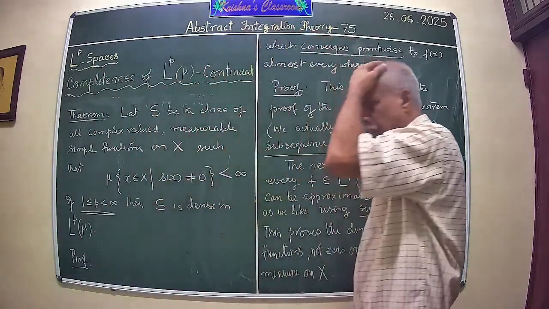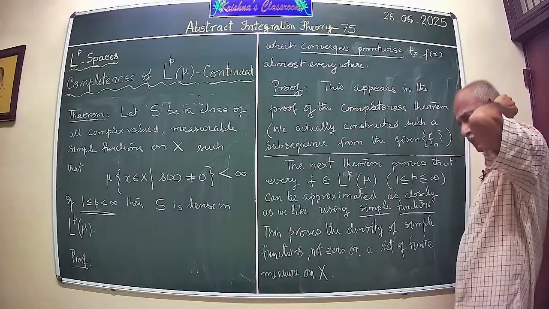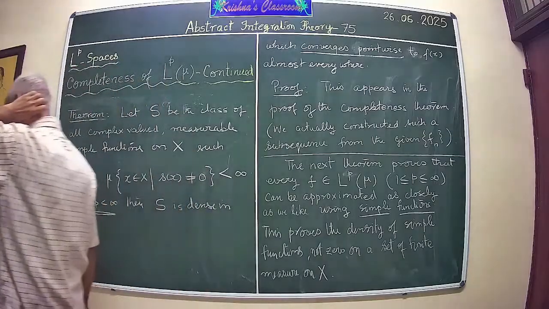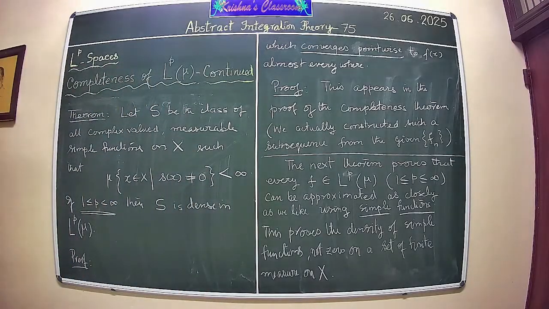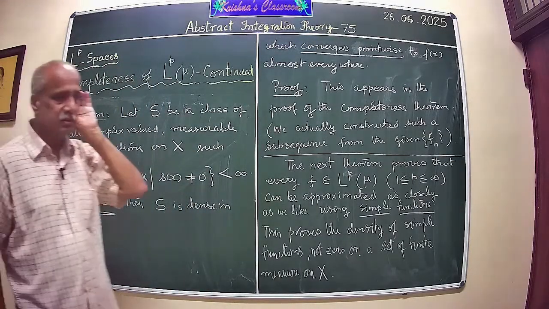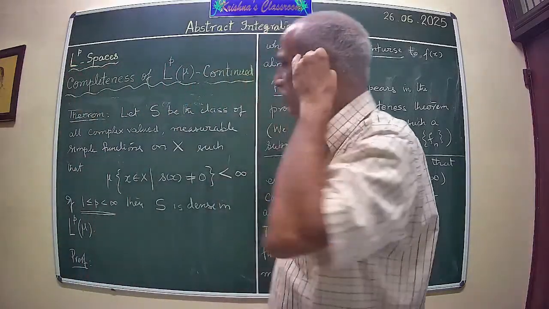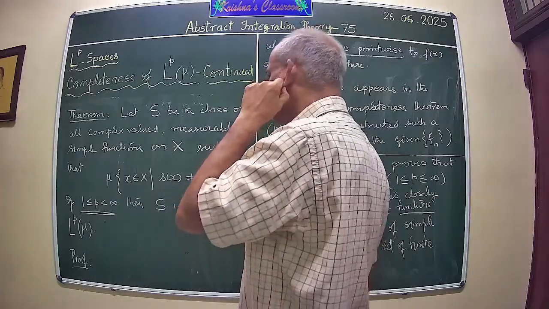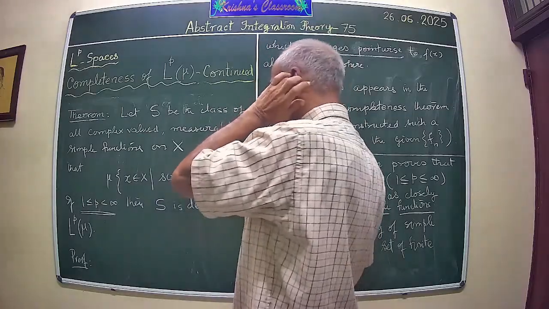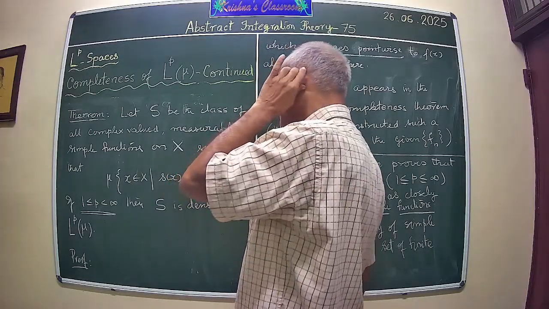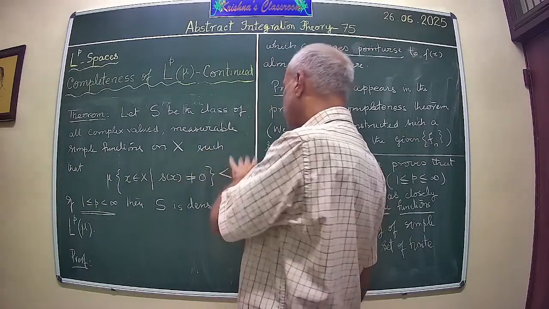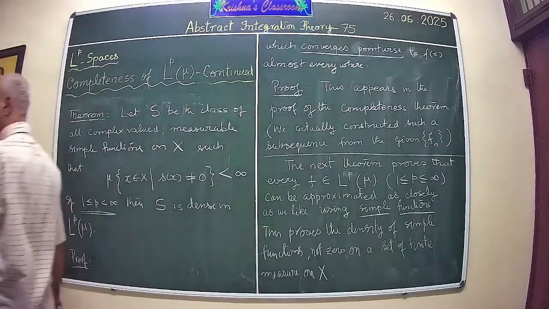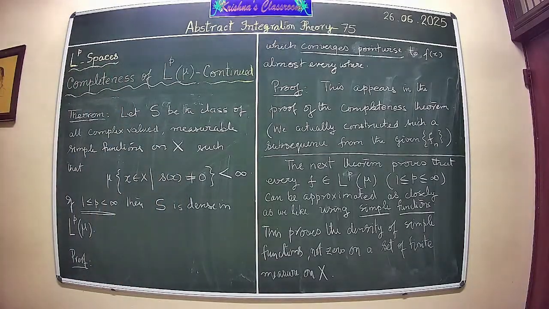What do we mean by simple functions? They are functions which take only finitely many values. Okay. And the assumption that we are making is that the set on which s(x) is not equal to 0, the measure of that set is finite. Okay. So that's a restriction that we made.